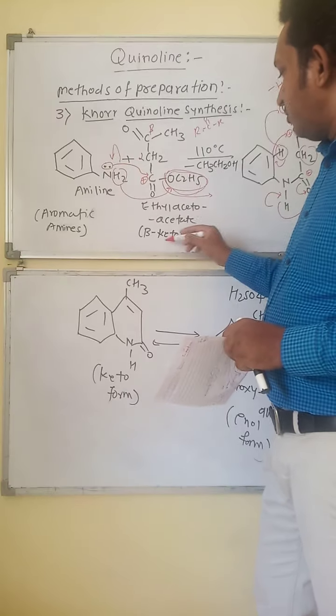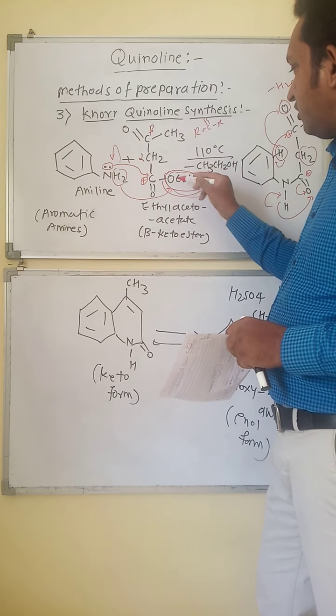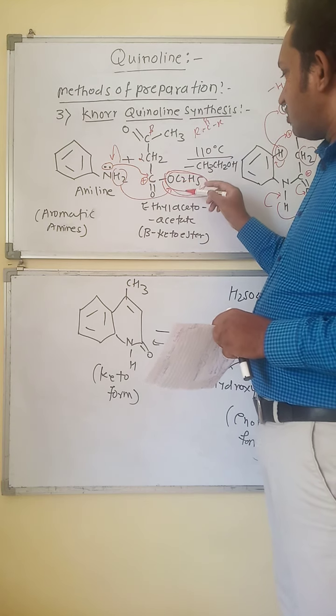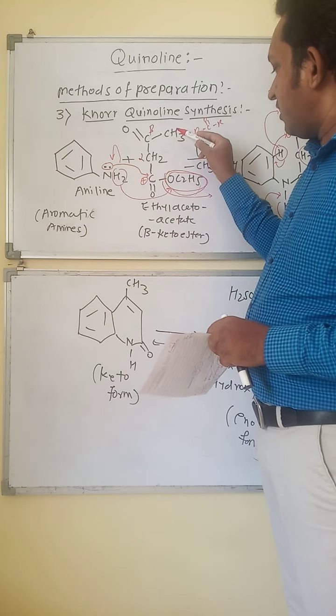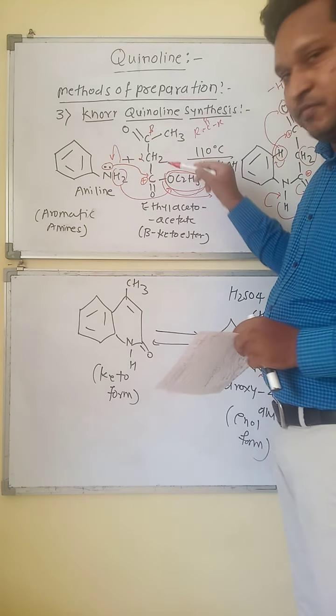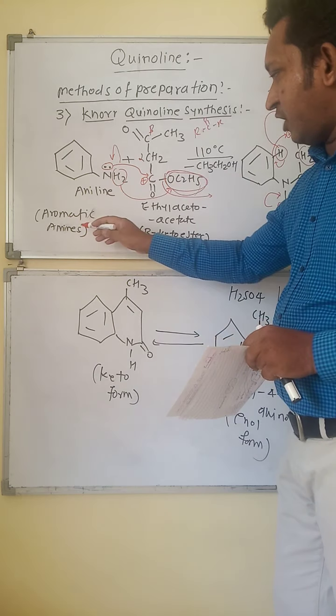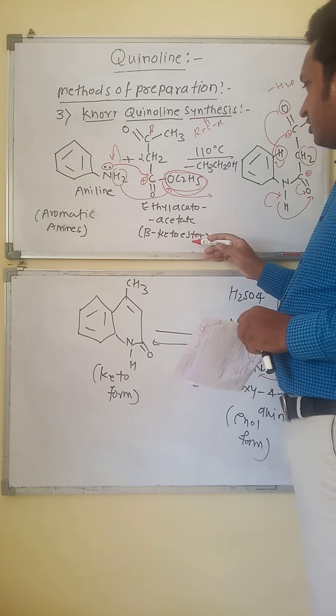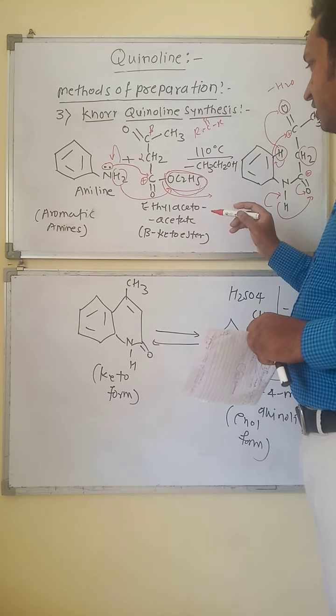So it is the beta keto, and this is the ester group. So it is a beta ketoester, also called ethyl acetoacetate. So this aromatic amine reacts with the beta ketoester, and there is a condensation between them at a temperature of 100 degrees centigrade.